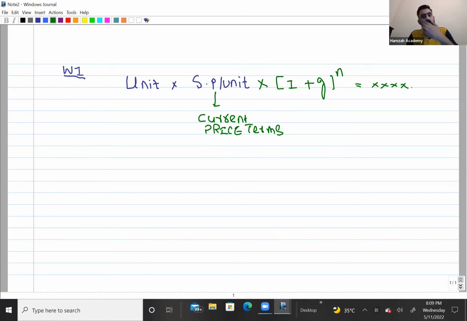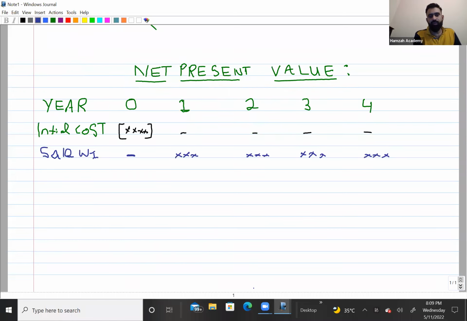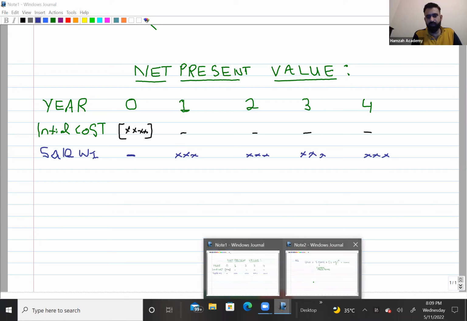If we are talking about year 1, N will be 1. If we are talking about year 2, N will be 2. If year 3, N will be 3. And that outcome will be written in the sale column. Obviously, we will be using Excel. I will also show you in practice how we will perform the calculation in a spreadsheet, but that is the concept which I am trying to convey to you.